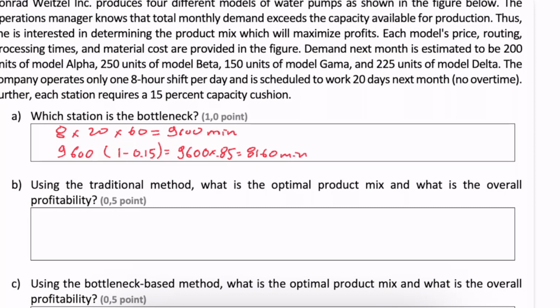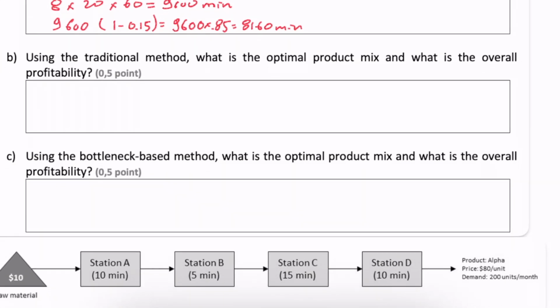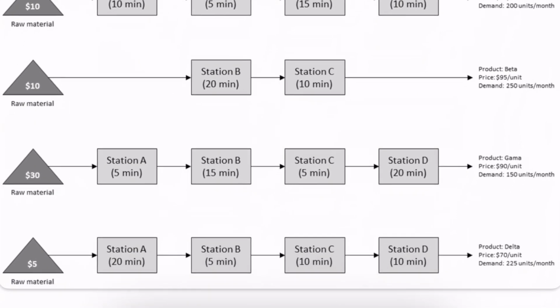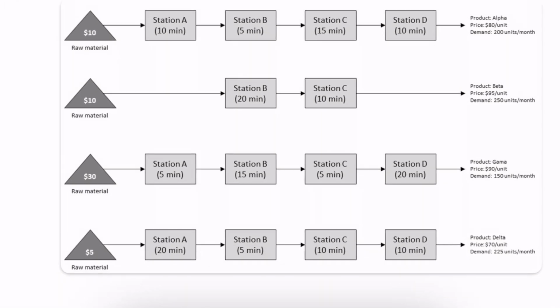That's our available time. So any station that works more than 8,160 minutes is going to be a bottleneck. Okay? With me so far? Good. So let's figure out whether each one of the 4 stations needs more than 8,160 minutes. Well, to do that, now we come to this table.